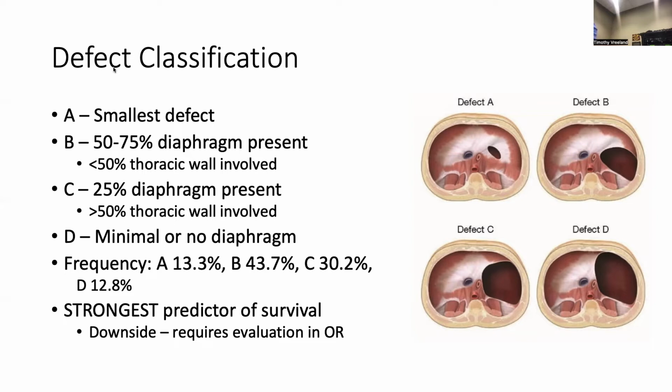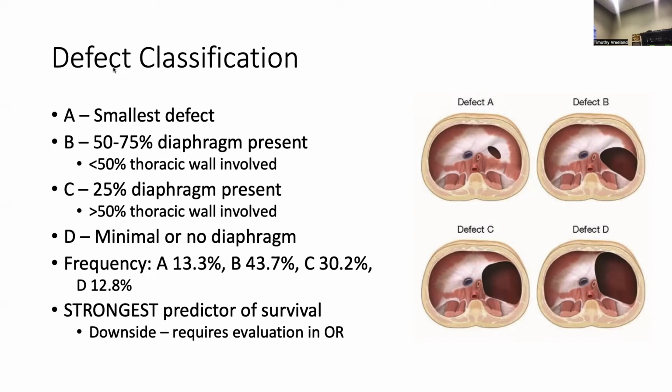A baby might act like a bad baby and have a mild defect, but this is an independent factor related to both morbidity, especially length of stay, and mortality. A is the smallest defect. There's diaphragm present 360 degrees around the defect, and it can be closed 100% of the time with sutures.